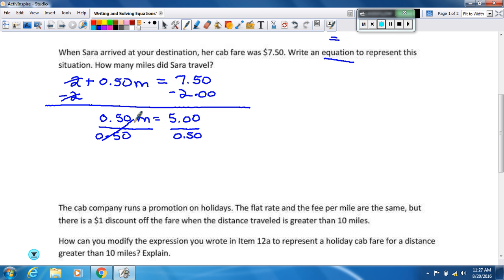So opposite operations cancel. So I get m equals, and $5 divided by 50 cents is 11. I think it's 11. Let me check. It's 11. So Sarah traveled 11 miles.